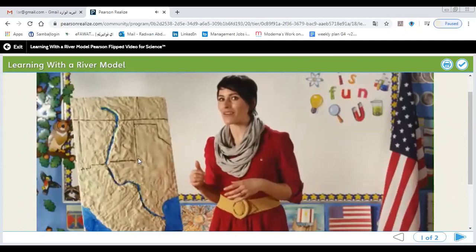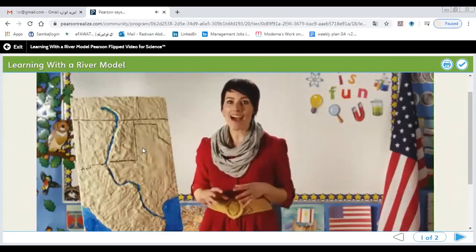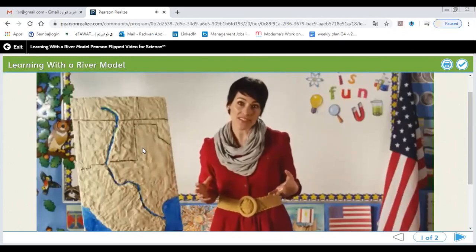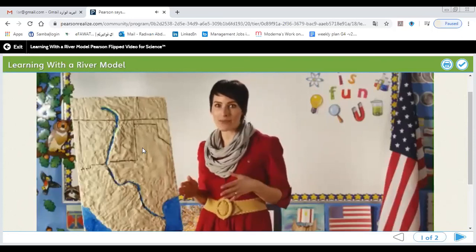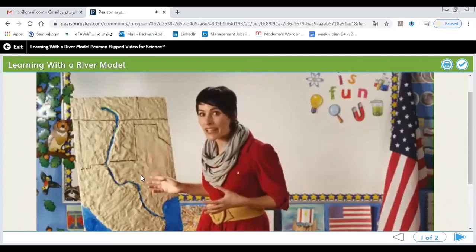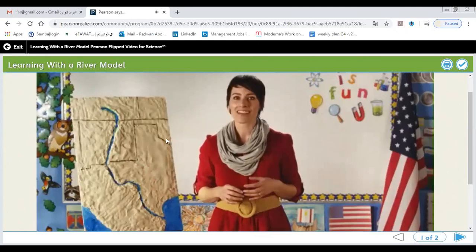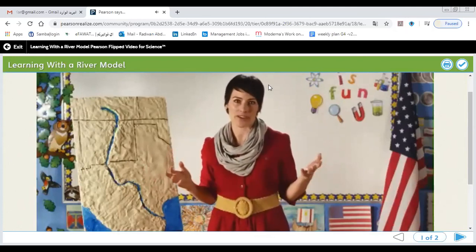This is a model of the Rio Grande River. By observing this model, we can tell the relative width of the different sections of the river. We can use it to show what the banks of the river might look like in different areas, or what types of vegetation might grow in or around it. We can see the river in its entirety, from the source to the output.